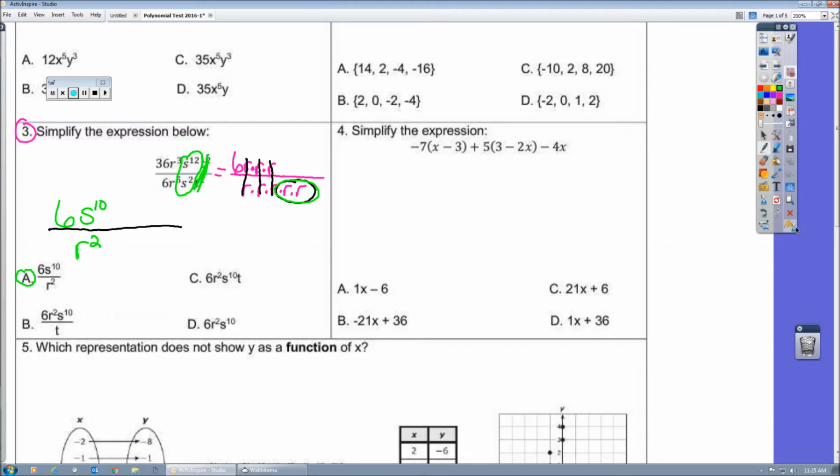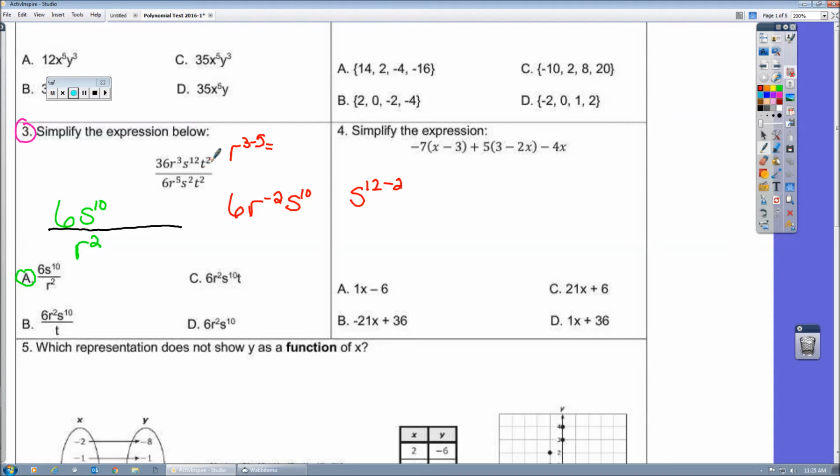But if I go back and look at the rule here, the rule is to subtract exponents. So this is what it would look like if I apply the rule. The number's 36 divided by 6, that's going to give me 6. I'm going to do r to the 3rd divided by r to the 5th. r to the 3 minus 5 is actually -2. s to the 12th divided by s squared is going to give me s to the 10th power.